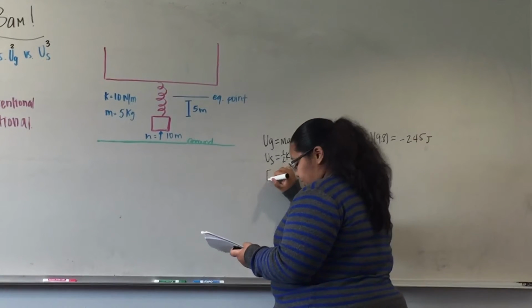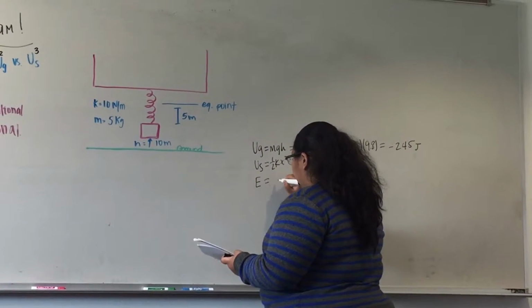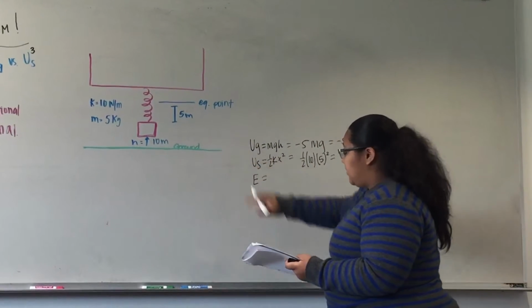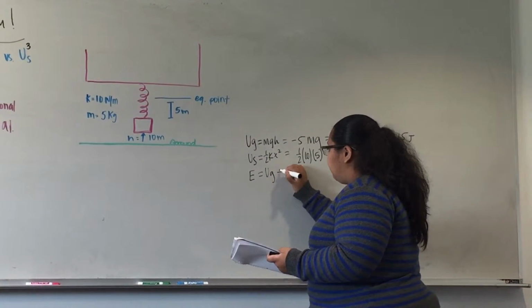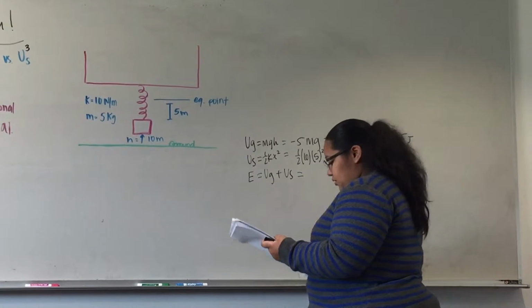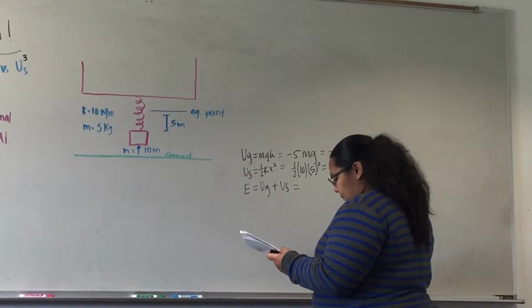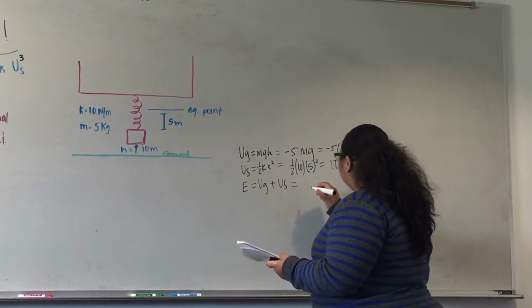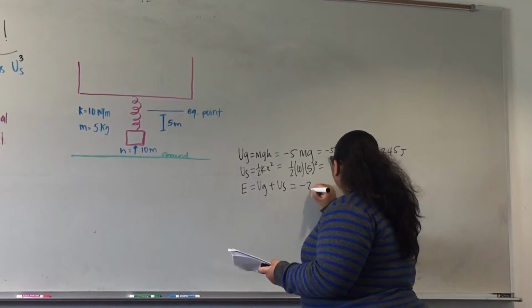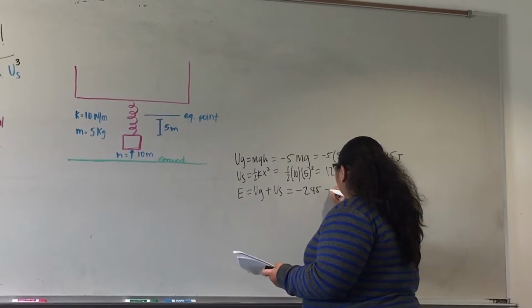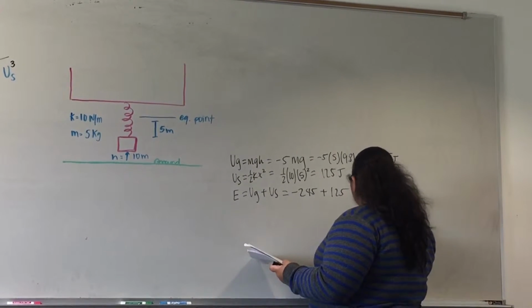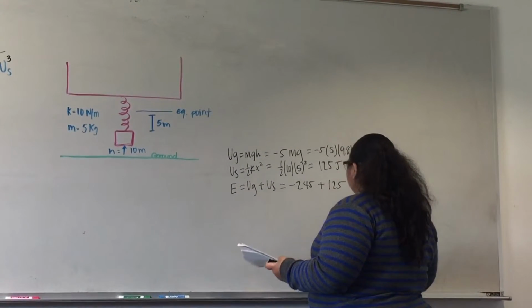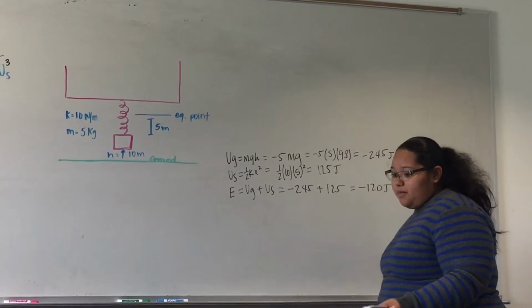And for total energy, we would add these together. So UG plus US will equal these two numbers, the negative 245 plus 125, and a negative 120 joules. That's your problem.